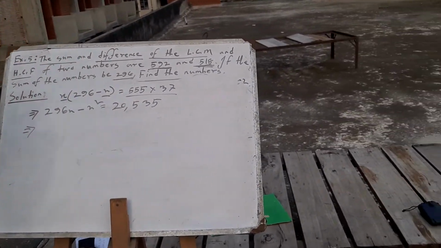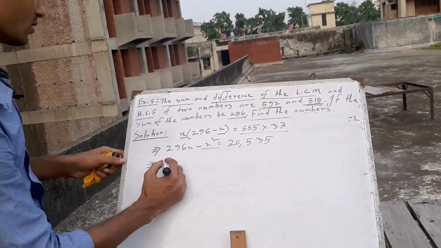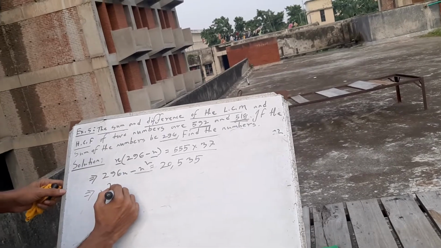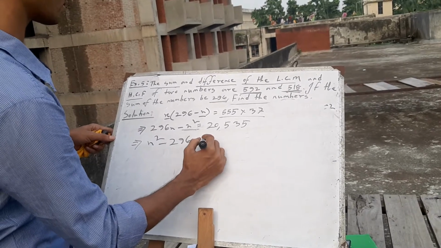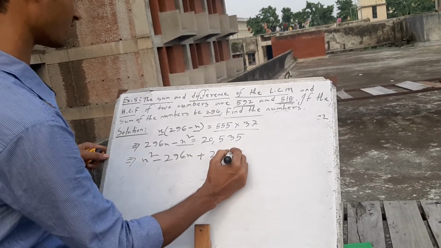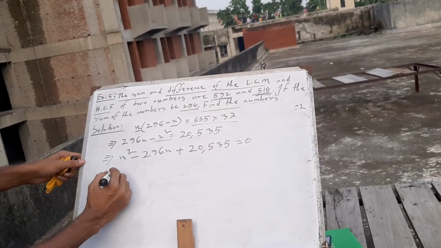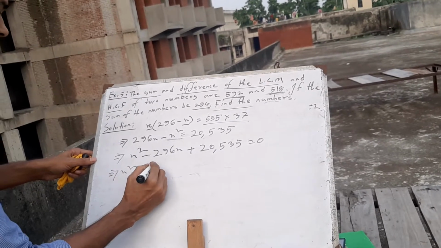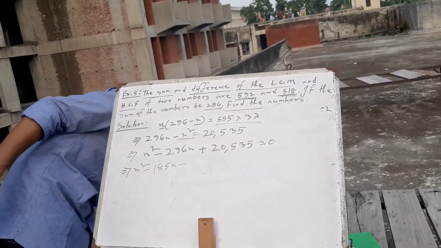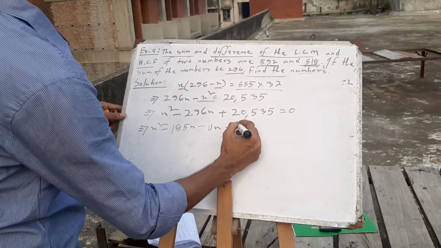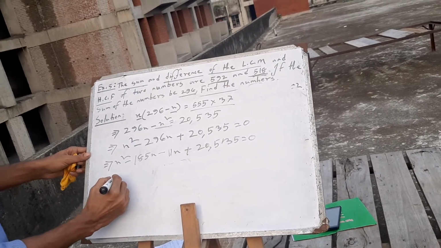We need to make X square the first term. So X square minus 296X plus 20,535 equals 0.